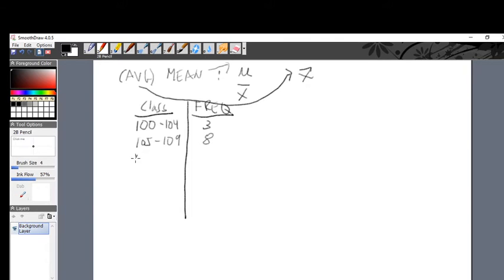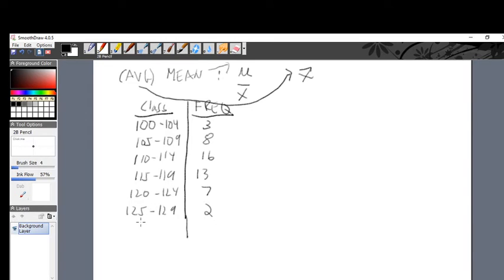For the class of 110 to 114, there are 16 people. 115 to 119, there are 13 people. 120 to 124, there are 7 people. 125 to 129, there are 2 people.